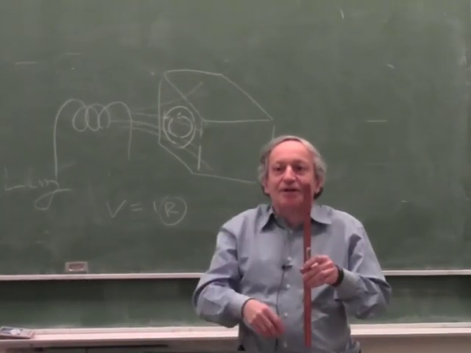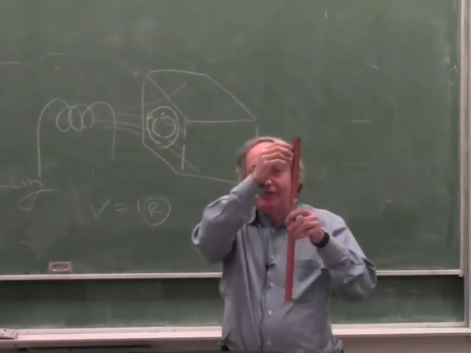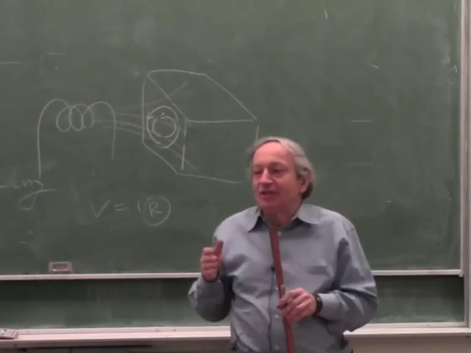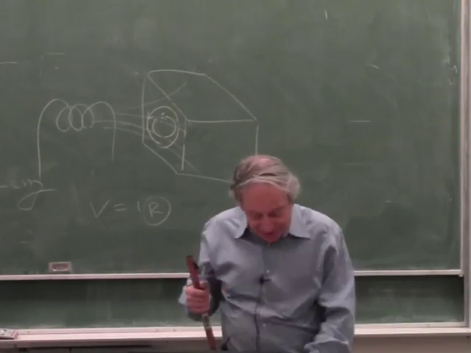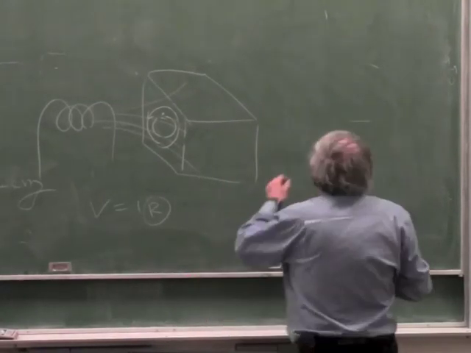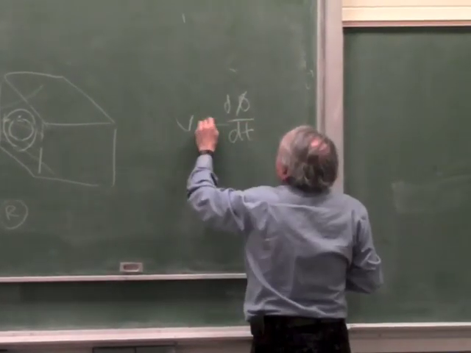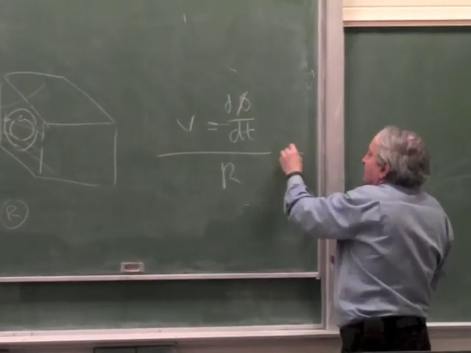As it falls down, it has a changing magnetic field in the copper, because the magnetic field is traveling and changing all the time. A changing magnetic field in copper will induce a current, simply because there is a voltage induced, which is d phi to dt. If I divide this voltage by the resistance of the copper, I'm getting the current.